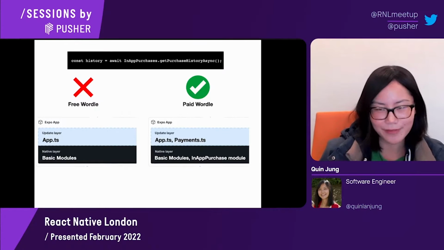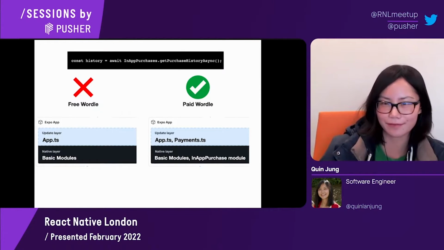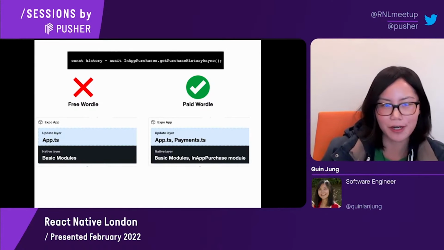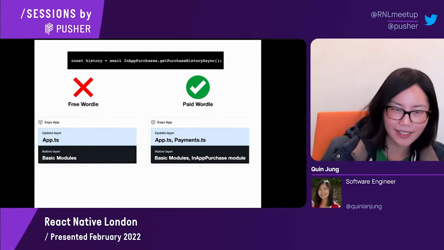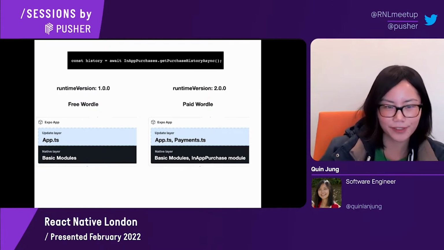So from this exercise, we can see that when you have this feature that you published out, it's compatible with paid Wordle, but it's not compatible with free Wordle. And that's why we introduced the concept of a runtime version. In free Wordle, we had the basic modules, so we'll give it a runtime version of 1.